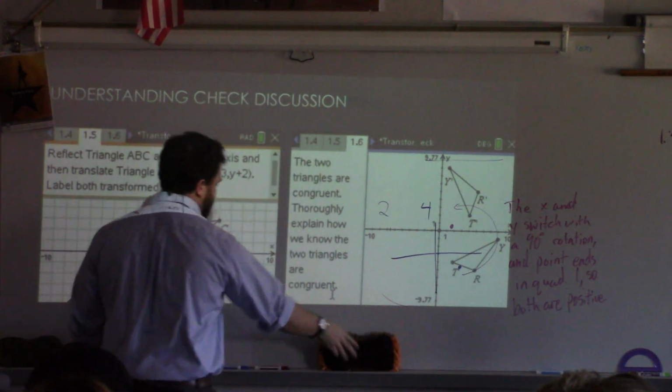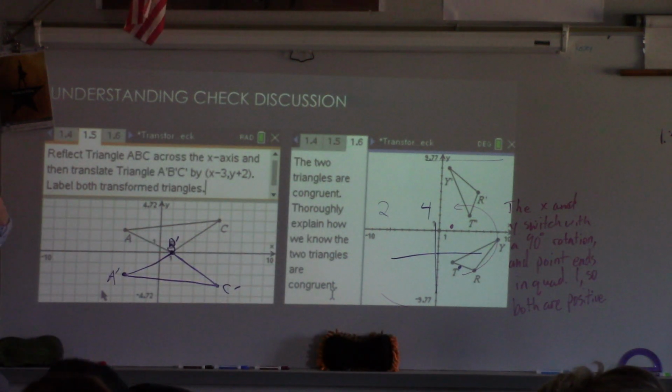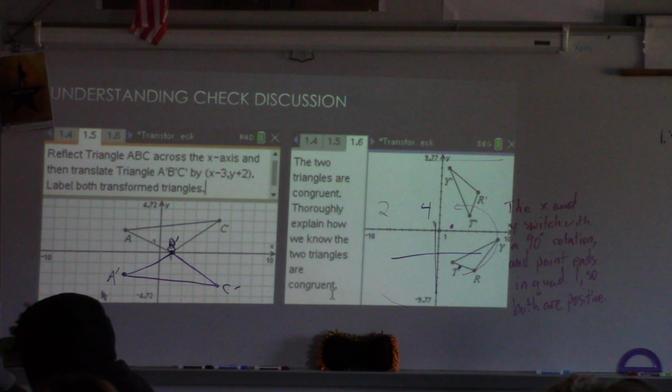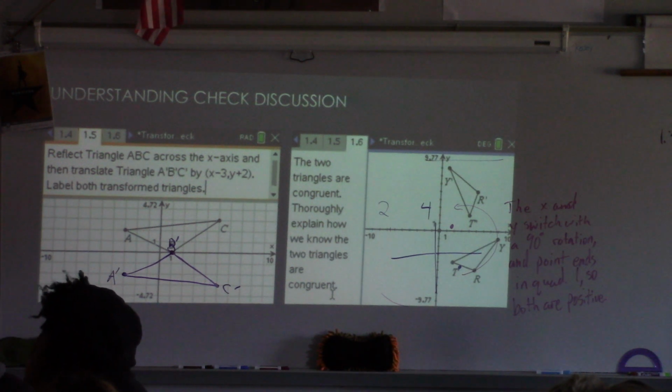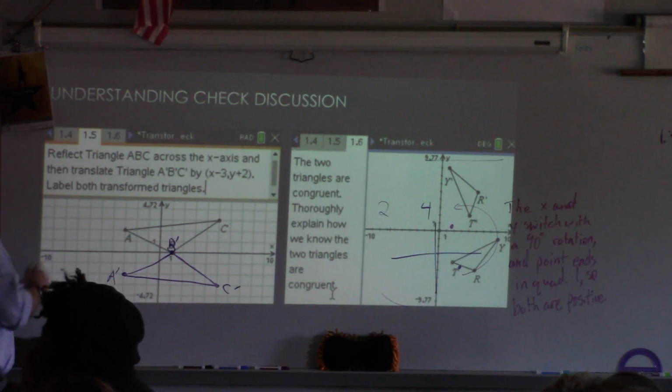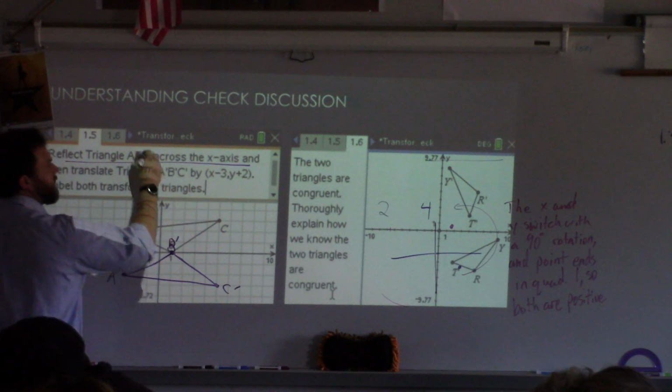Okay? So I will point out, you're not done at this point. Well, first off, we haven't done the second transformation, but beyond that, you have to justify it somehow. So just saying, hey, the opposite, right? So it's a reflection across the x-axis.